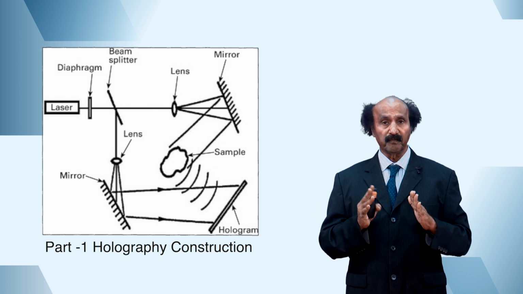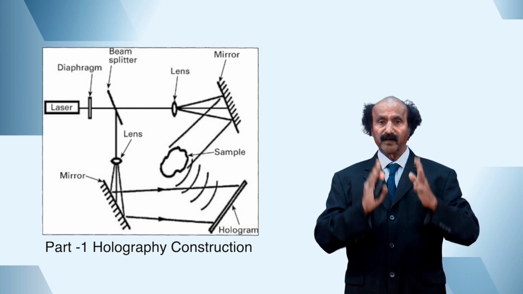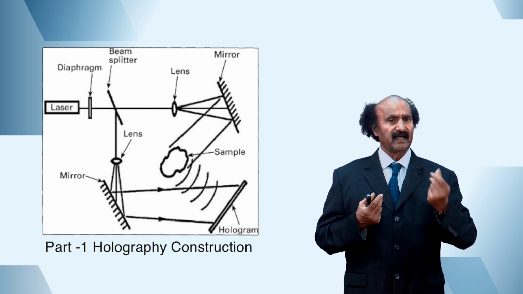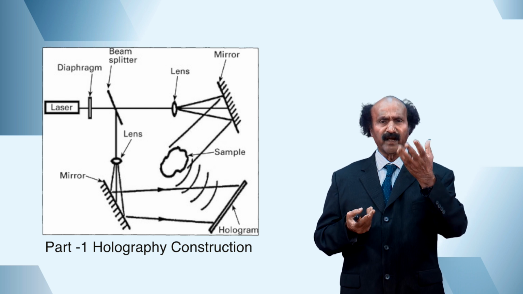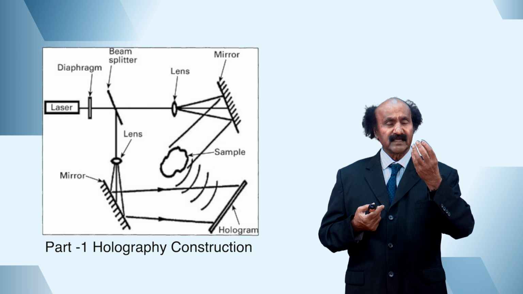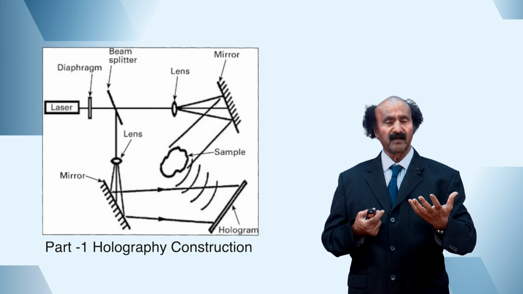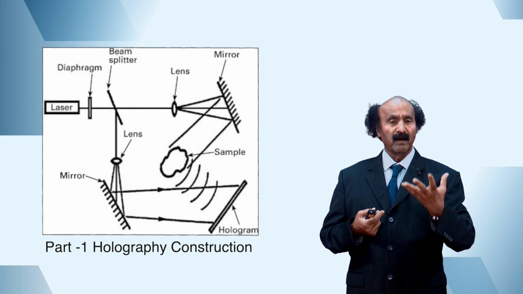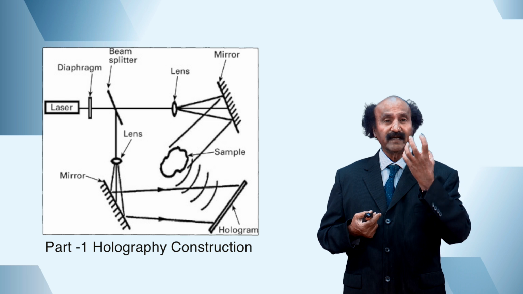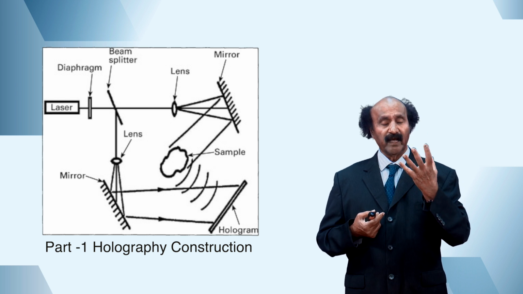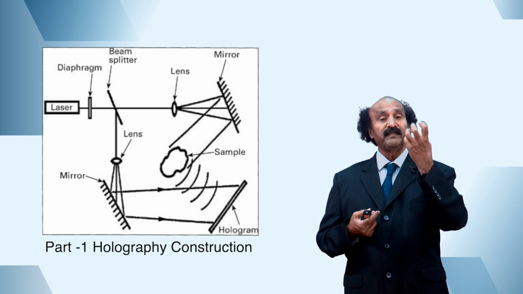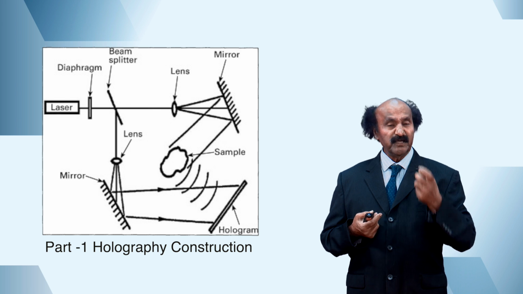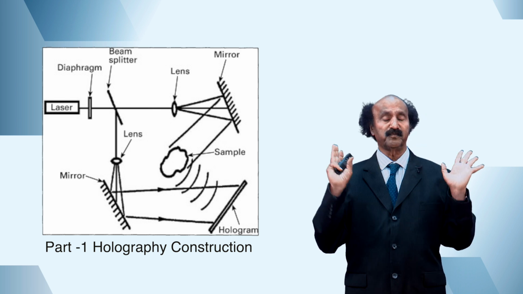Remember, a holographic plate is again a photographic plate. The only thing is, it has a grain size so fine that it is capable of preserving the interference pattern between the object beam and the reference beam.